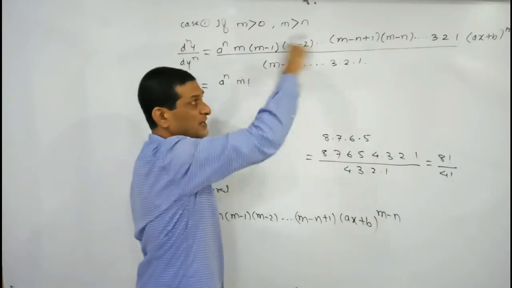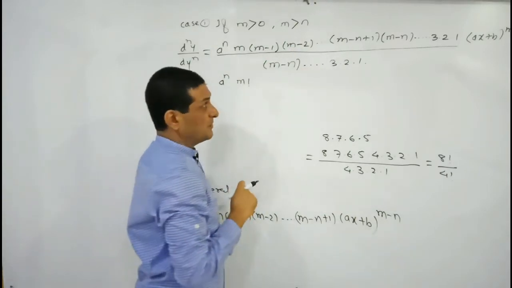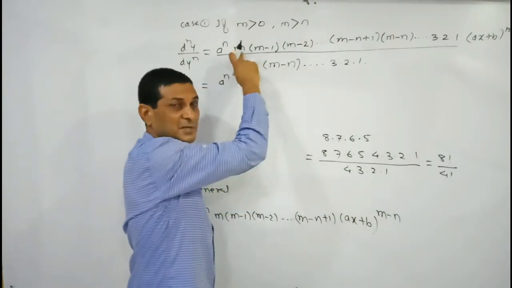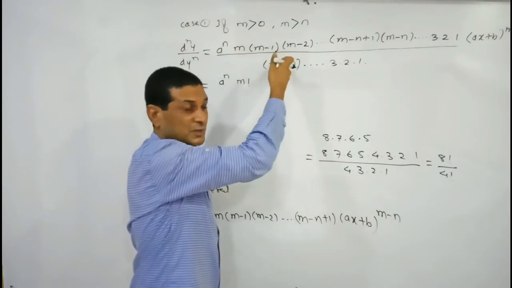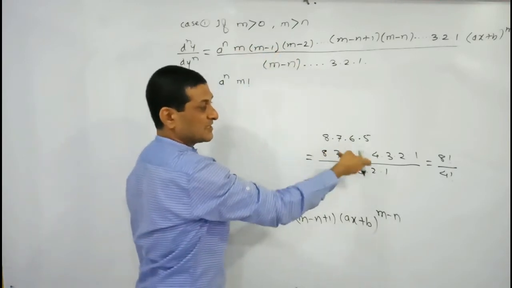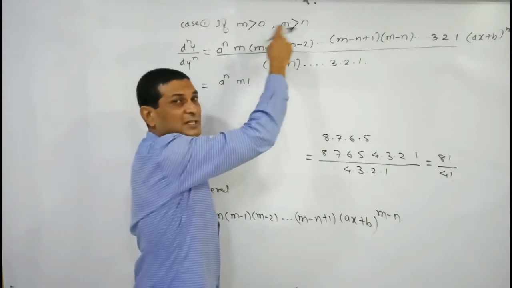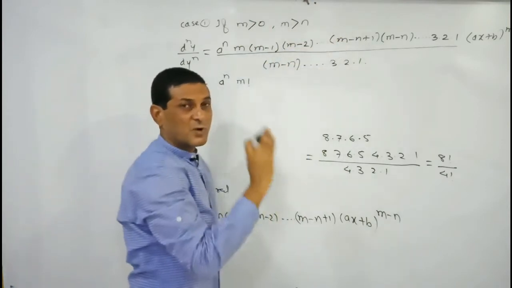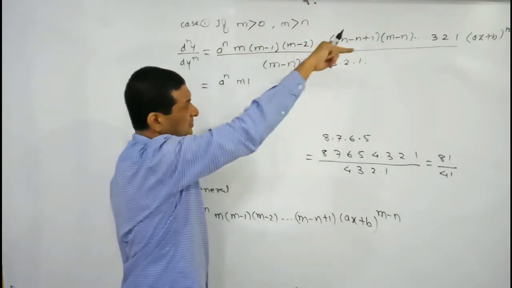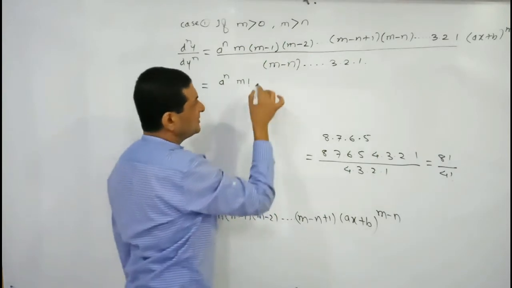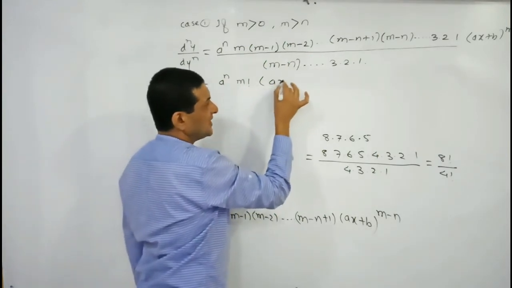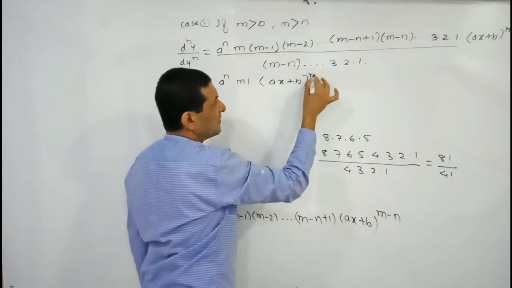M factorial means product of first m natural numbers, and here we can observe that this is m. आगे का नंबर 1 से और छोटा हो गया, जैसे 8 था, यहाँ पे 7 फिर 6, it will become m minus 1 then m minus 2, continuing this way, up to what? 1. Means it is the product of first m natural numbers. Keep the last term as it is, (ax plus b) raised to power m minus n.